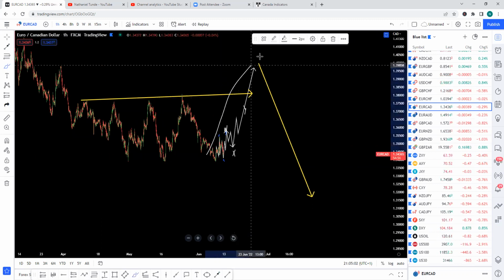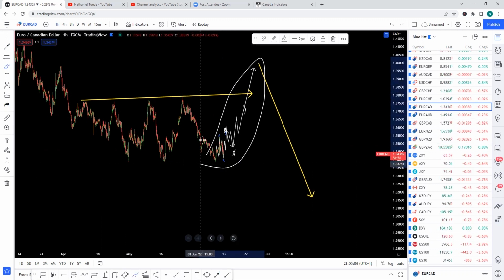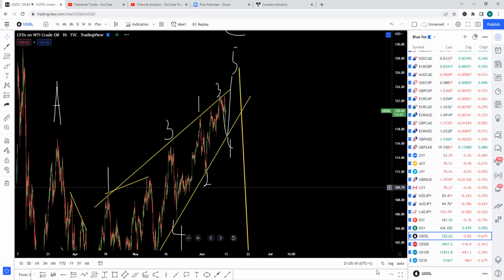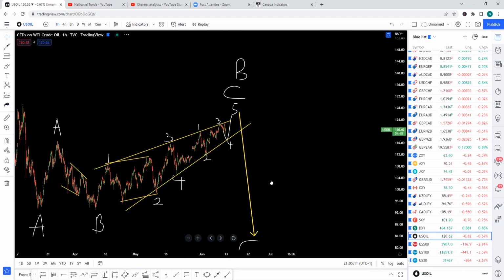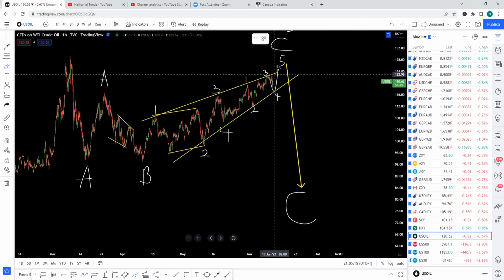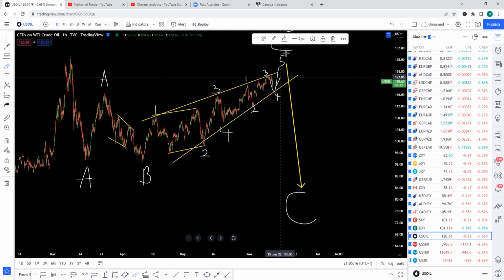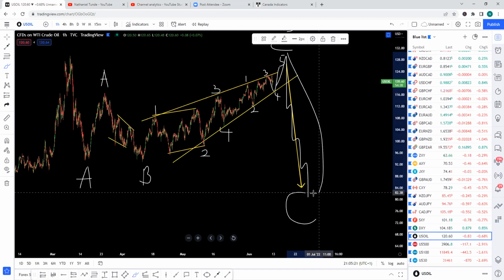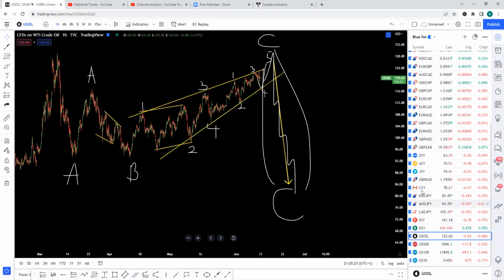This currency, this coming session. Why do we expect CAD? Because if you go to US oil, you are going to see that this structure will break down. When this 5 completes and it's breaking down, guys, when it's breaking down here, CAD becomes very weak, and as CAD becomes very weak, what happens to Euro CAD, guys?